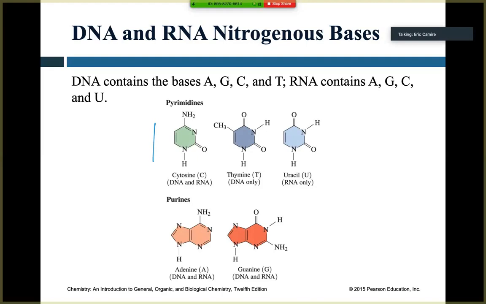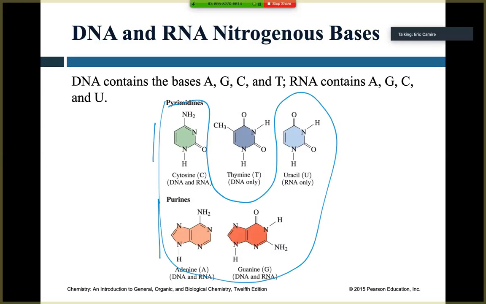And then you have your purines. Purines, again, we can see there's a similar structure, and they're very different from pyrimidines. But we have a general structure, and these incorporate both adenine and guanine. And so these are going to be our 5 bases. 4 are used by DNA, which are these 4. And then if we look at RNA, RNA is going to exclude thymine and include uracil.